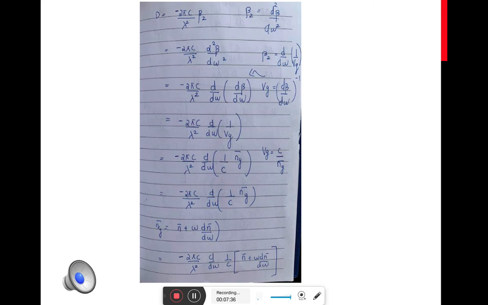Now we know that Ng bar is equal to n bar plus omega into dn bar by d omega. Now we are rearranging it. We substitute the value of Ng bar in the expression for dispersion parameter D, then we get D is equal to minus 2 pi c by lambda square, d by d omega of 1 by c into n bar plus omega into dn bar by d omega.